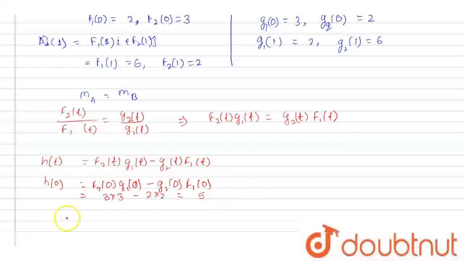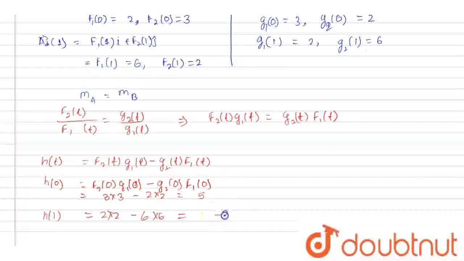Similarly, for h(1) we get f2(1) g1(1) minus g2(1) f1(1), that is 3 into 2 minus 6 into 6, so it will be minus 30.